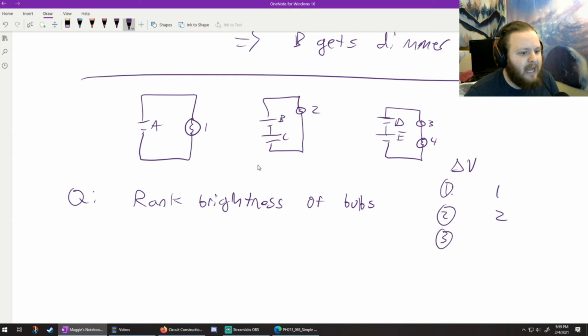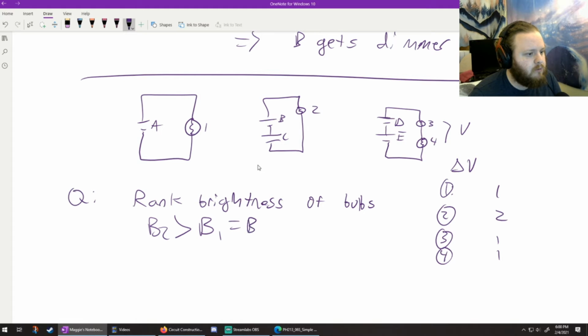And so 3 and 4 are both seeing 1 delta V drop individually. We could see all of that just by doing my loop laws and knowing that they must be the same. Since both of these must drop the same V, they both must drop exactly half of the voltage being supplied by the voltage sources, i.e., they're both dropping one source's worth of voltage each. So that to me looks like brightness 2 is greater than brightness 1, which is equal to 3, which is equal to 4. So that's nice.